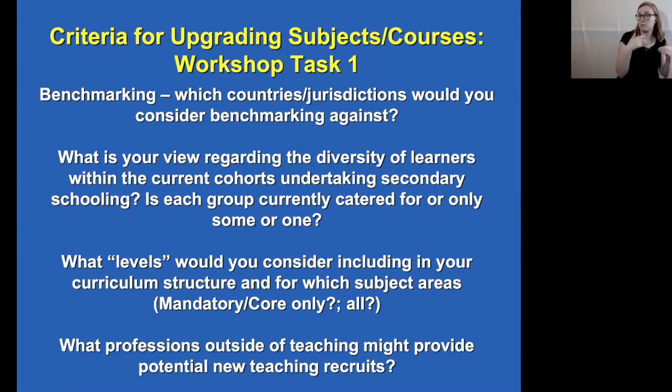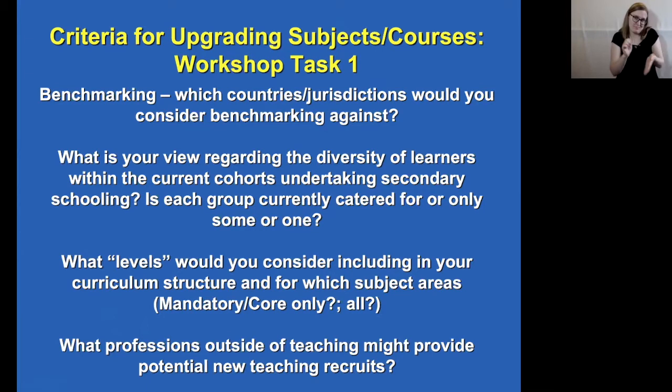In history, should there be 2 levels? Any subject, by the way, can split itself into 2 levels. It's just whether you think you have the capacity with your teachers, and also whether the interest would be there, and the logistics around this in a school.